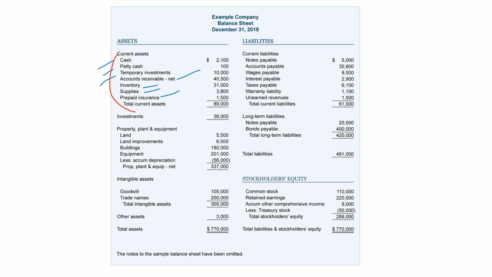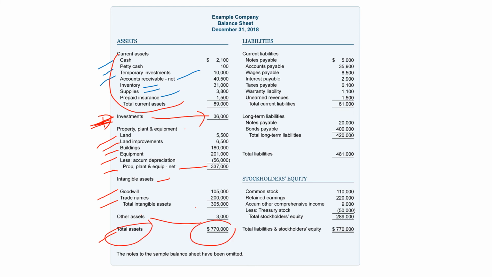Here there is one item that is investment, separately classified as investment. Then property, plant and equipment: land improvements, building, equipment, less the accumulated depreciation. So property, plant and equipment is the net amount. Then intangible assets, say goodwill, trade names, and other assets and total assets, which is the amount of total assets we have.